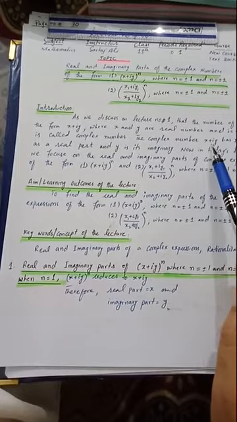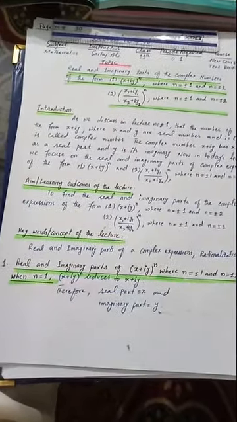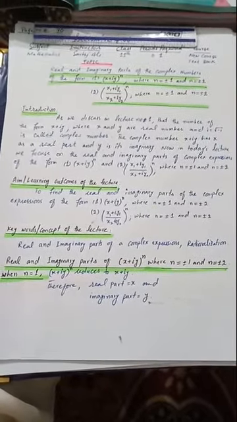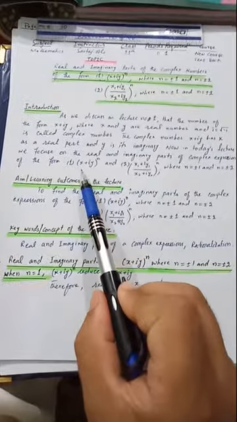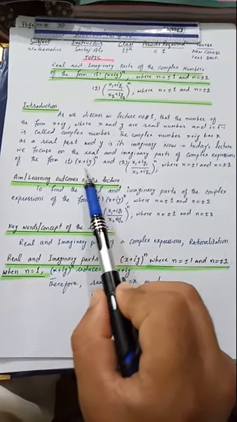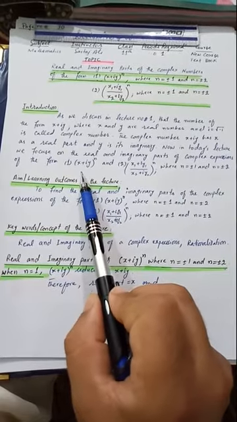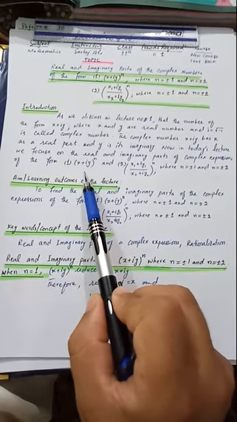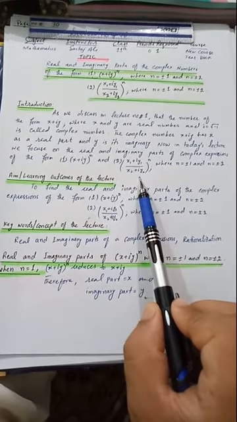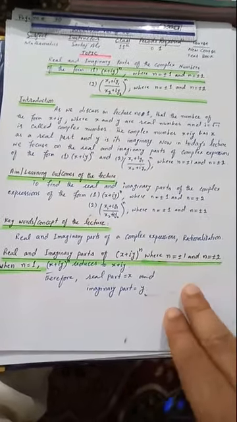In the complex number x plus iota y, x is the real part and y is the imaginary part. So now the target of this video lecture is to focus on how we can find the real and imaginary parts of this type of questions.